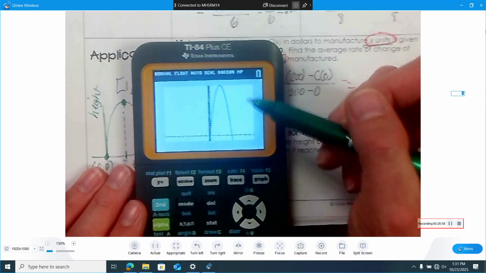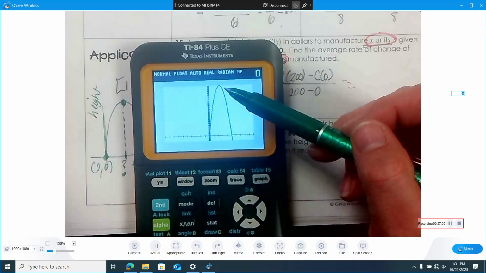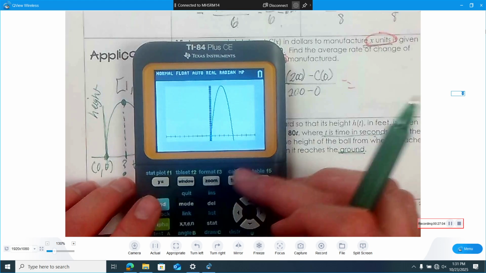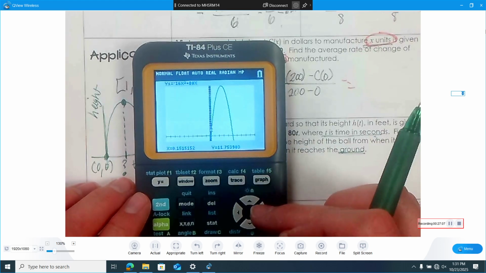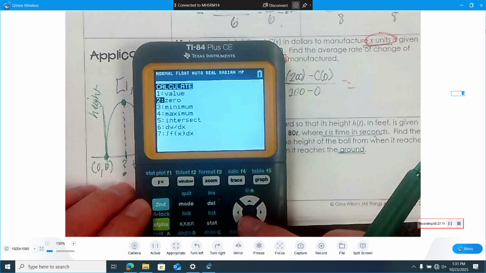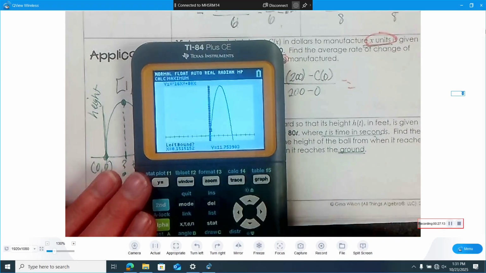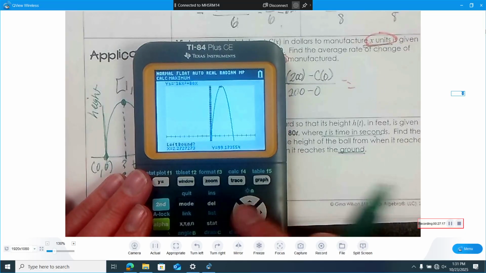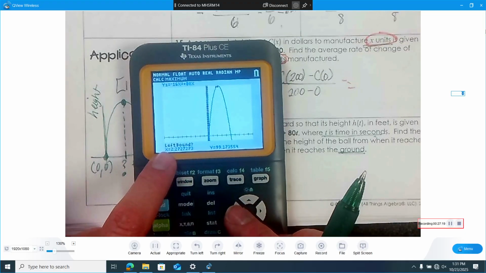Okay, all right, now, how do we find the maximum? Trace it? Calculate the maximum. Let's do that instead. We got to go to the maximum, and then we want to move Tinkerbell to the left a little bit.